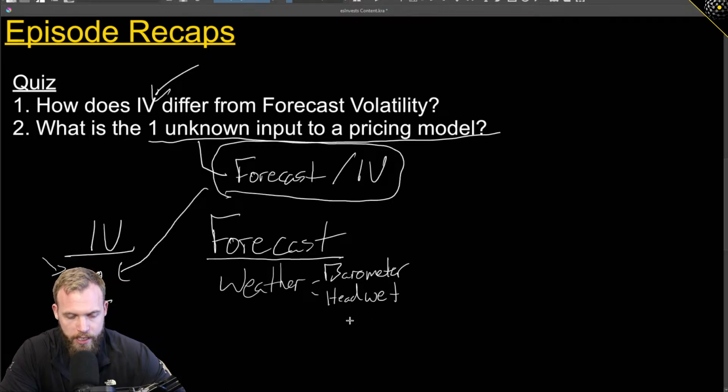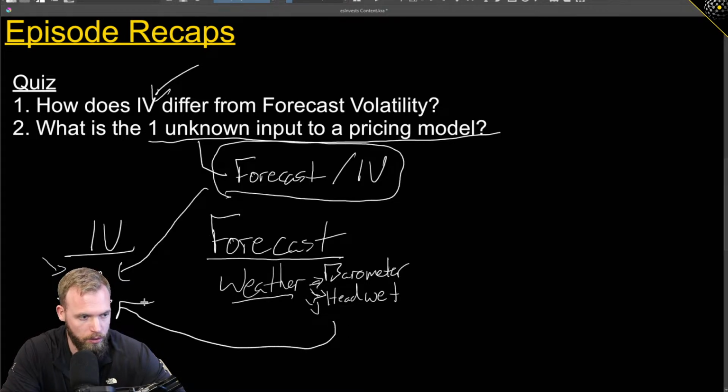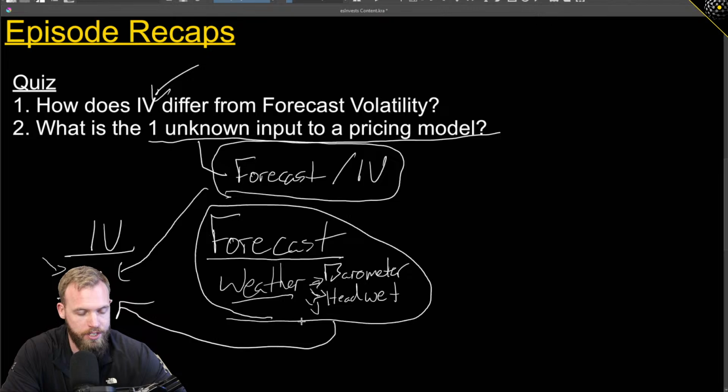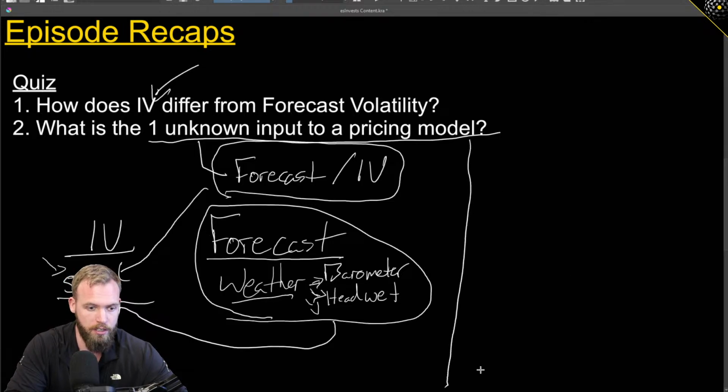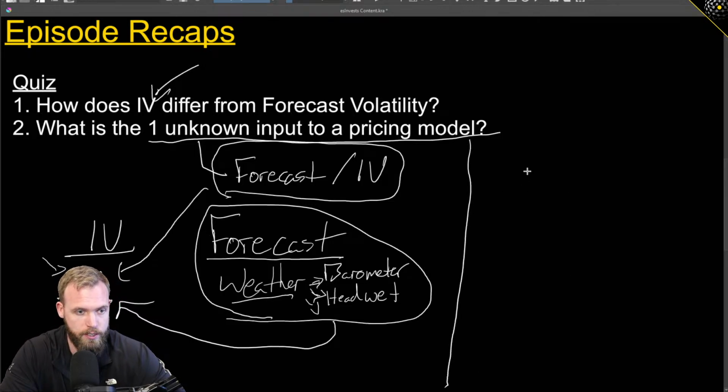Joking aside, what I'm talking about is the weather person is actually doing some sort of research to see what they think the temperature for tomorrow is supposed to be. So they're the ones that are forecasting. They're using different tools to create a forecast, and then they're putting it onto a website that you get to go look at. Okay, so now let's look at this in an options context.